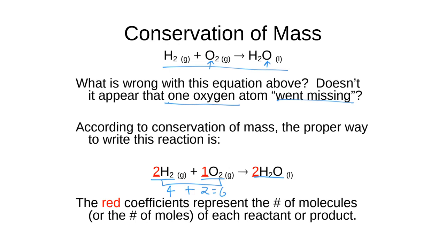Again, we multiply H2 with 2, so 2 times 2 is 4, plus 2 oxygen. Now you can see that the number of atoms in the reactant and in the product are both the same. So this is a balanced equation, and here the law of conservation of mass is followed.